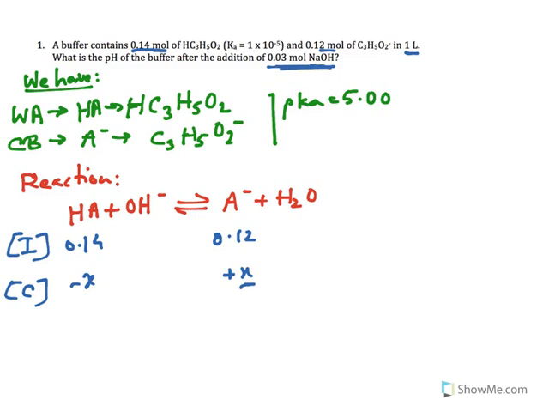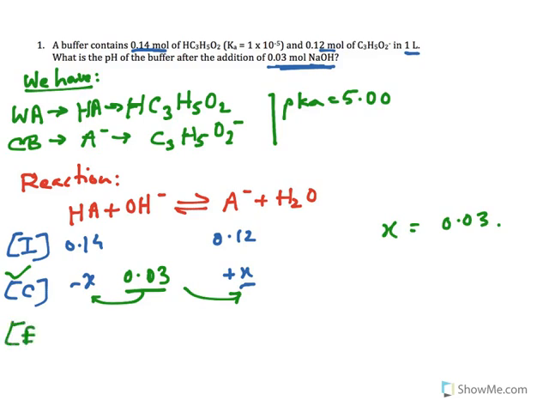So as a change, over here we have 0.03 moles of the base that's being added, or 0.03 molar because it's in 1 liter. It's added at the change point. As a result, the weak acid will be reduced, and the base amount will be increased at the same time. So basically our x value is equal to 0.03.